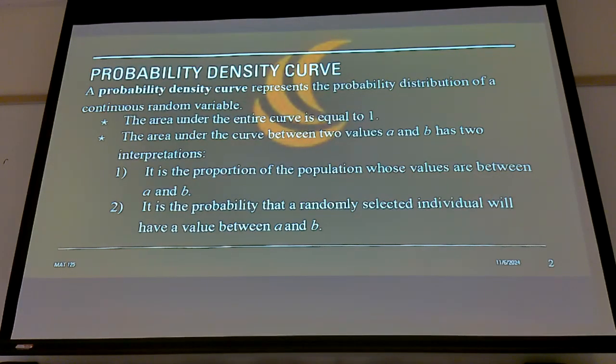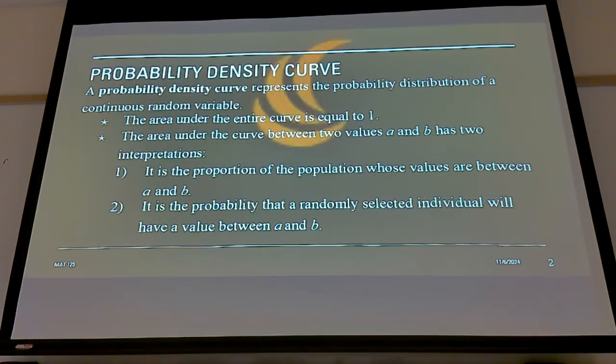So discrete random variables dealt with sums. Right? Probability between A and B was a sum. For continuous, it's an area.